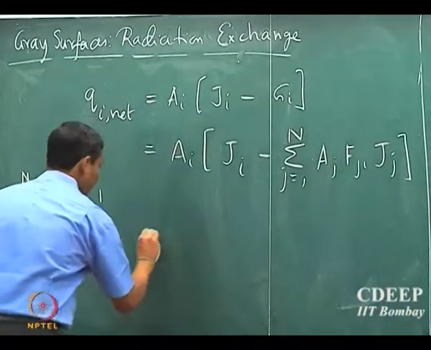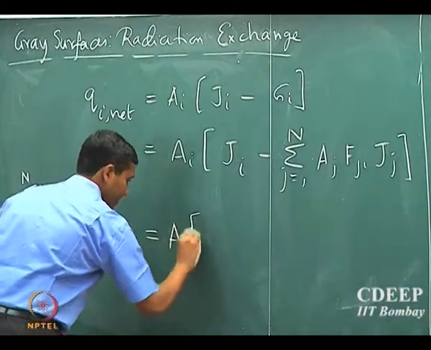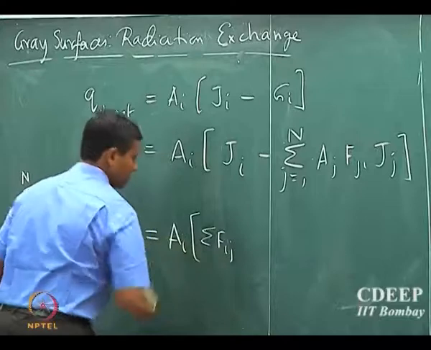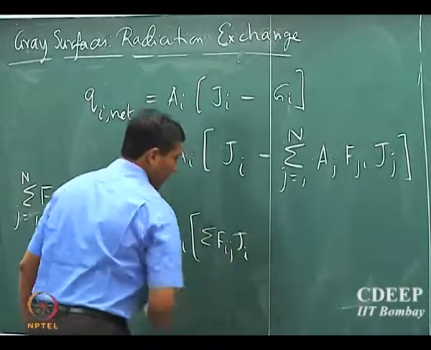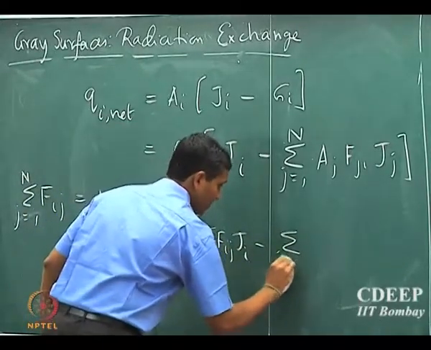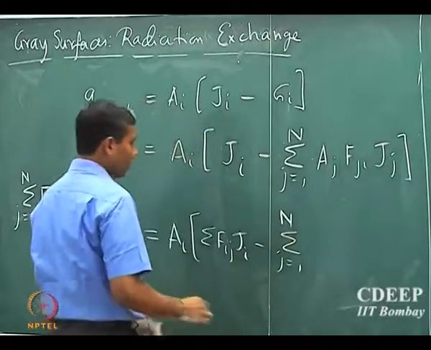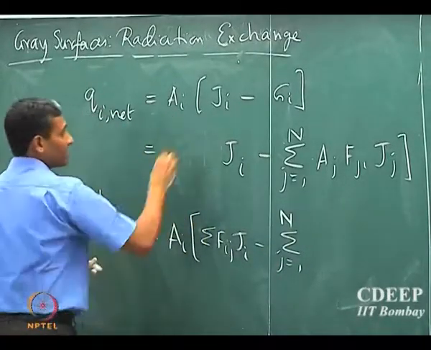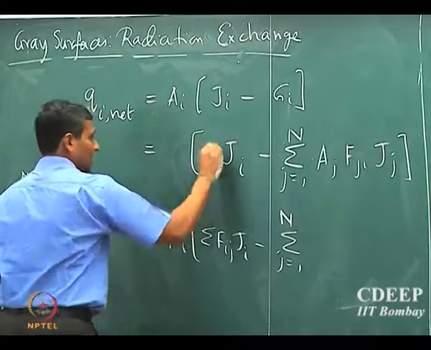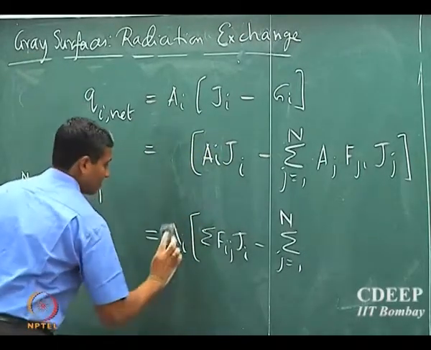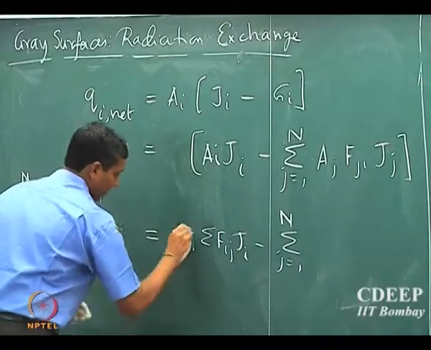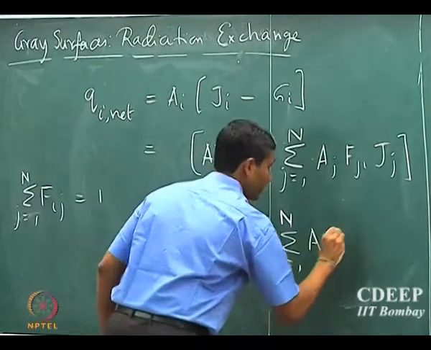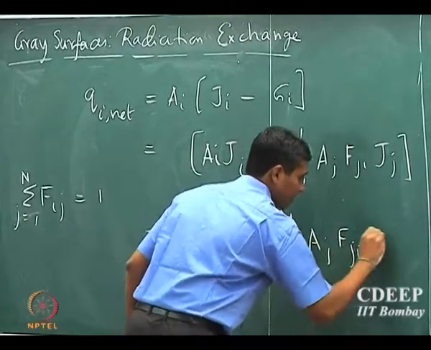So that will be Ai Fij Ji minus, this Ai should be inside, minus Aj Fji into Jj.